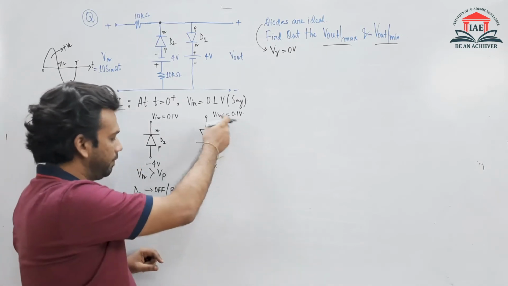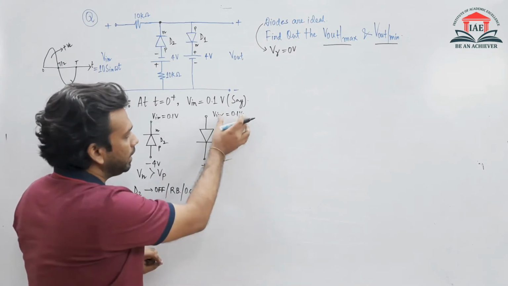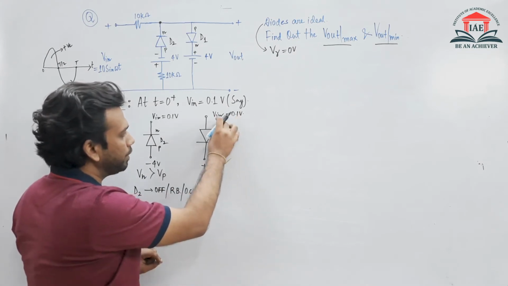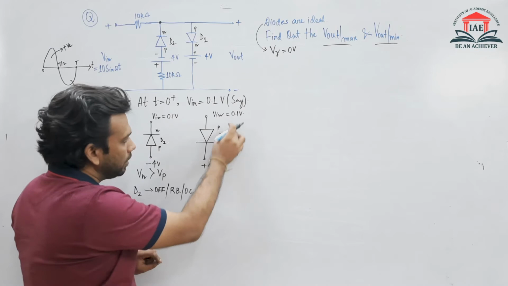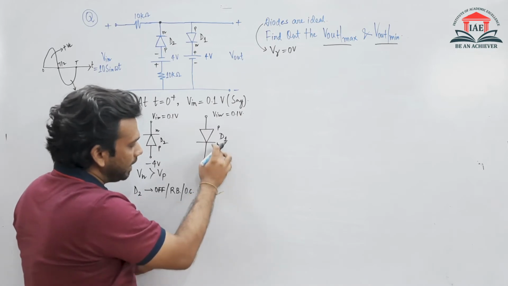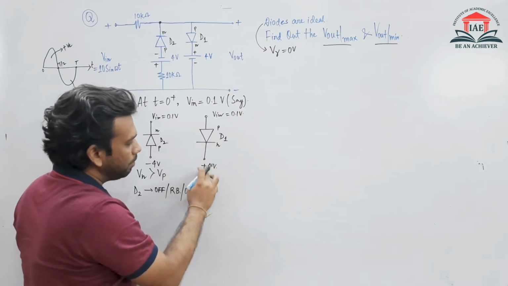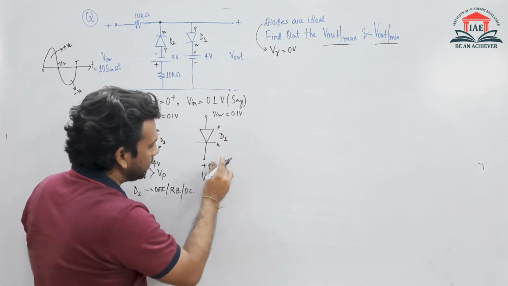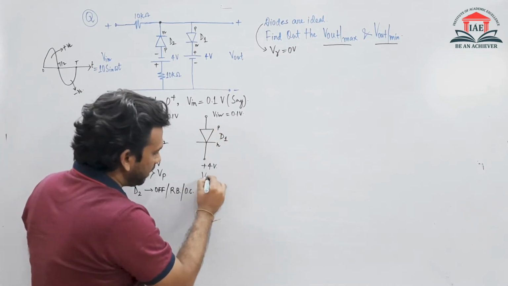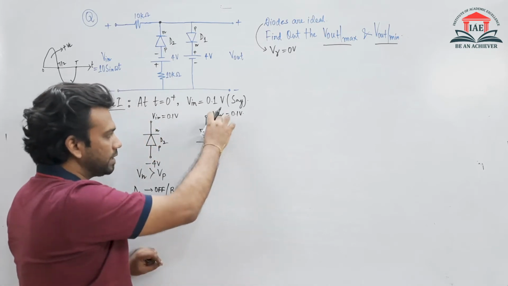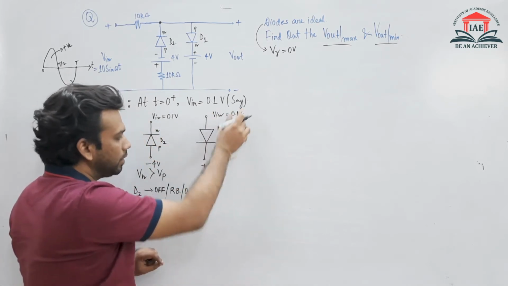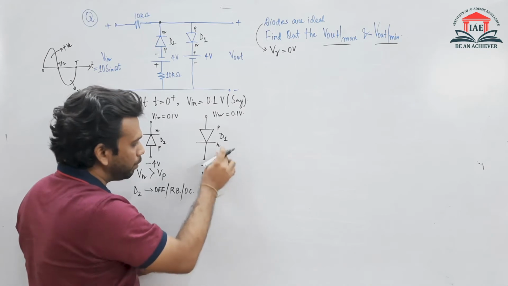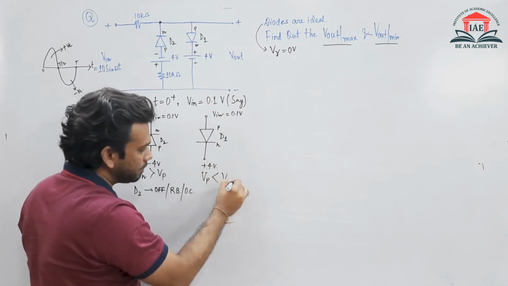Similarly, in the case of the D1 diode, the input voltage is 0.1 at the P side, and at the N side you are getting plus 4 volts. That means you can see that Vp, the potential at the P side, is 0.1, which is less than the potential at the N side, Vn.